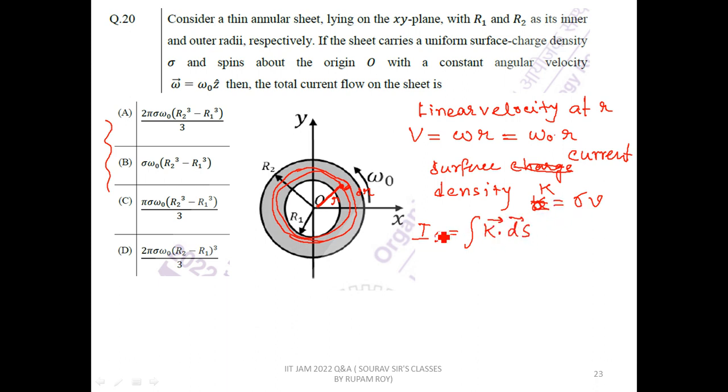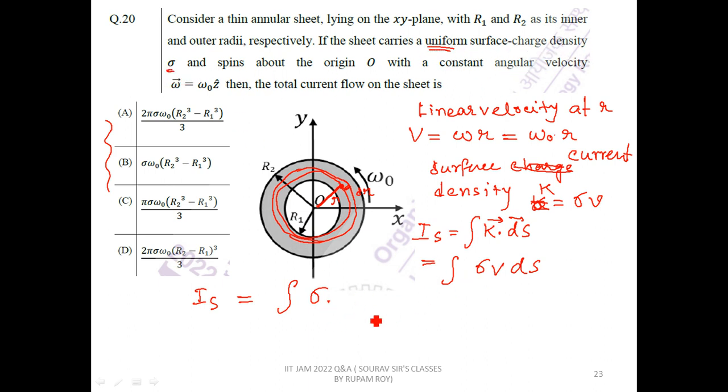So that is equal to integration sigma V ds. Now I is equal to, sigma is constant, this is surface charge density sigma, it is uniform, meaning constant.